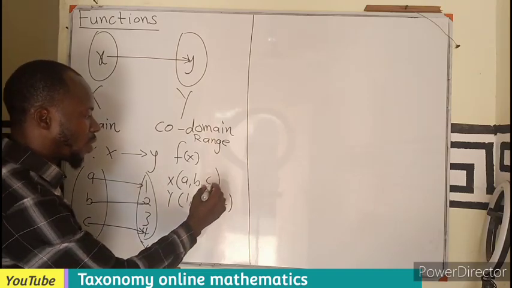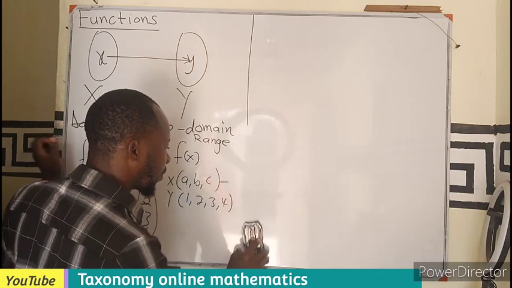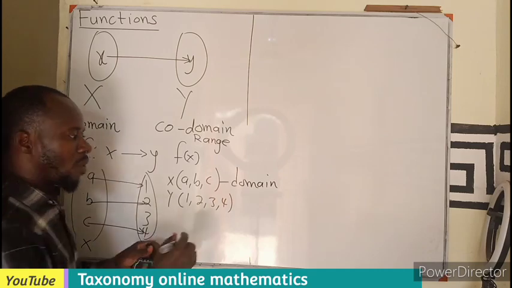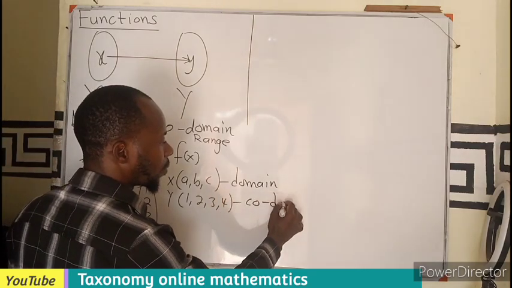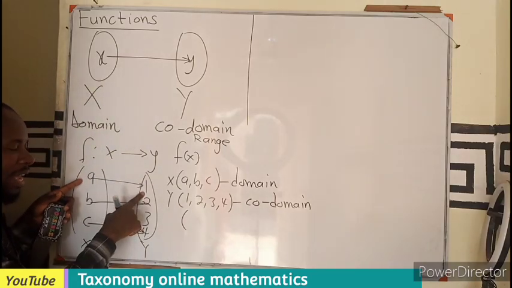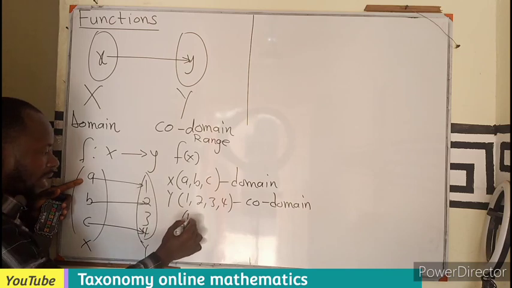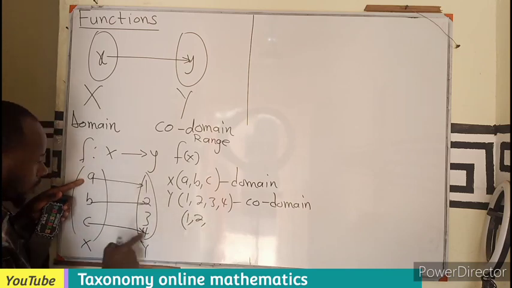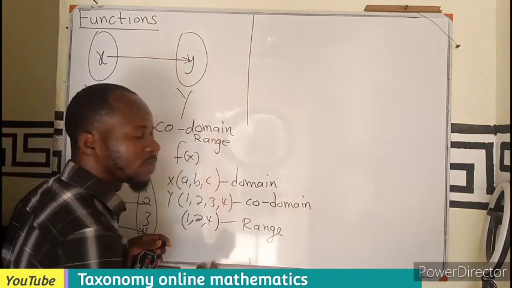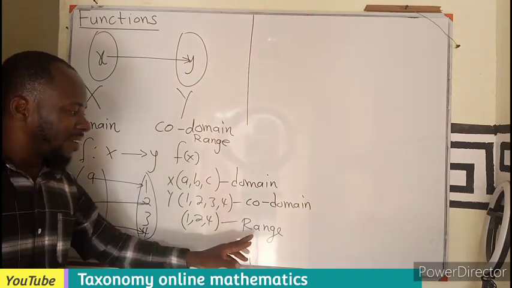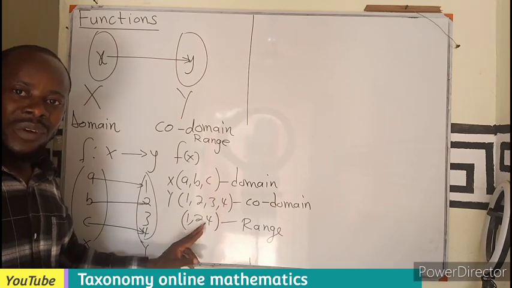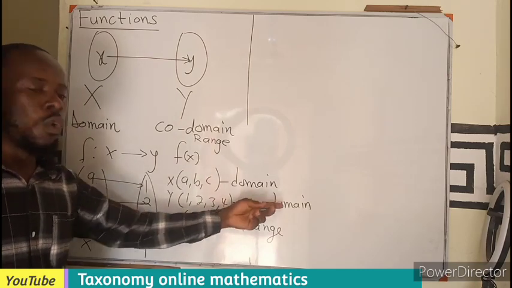Now, this is what we are calling the domain. This is what we are calling the codomain. Then the elements that have mapping from X will be 1, 2, and 4. So this becomes the range. So we can say that the range is a subset of the codomain.